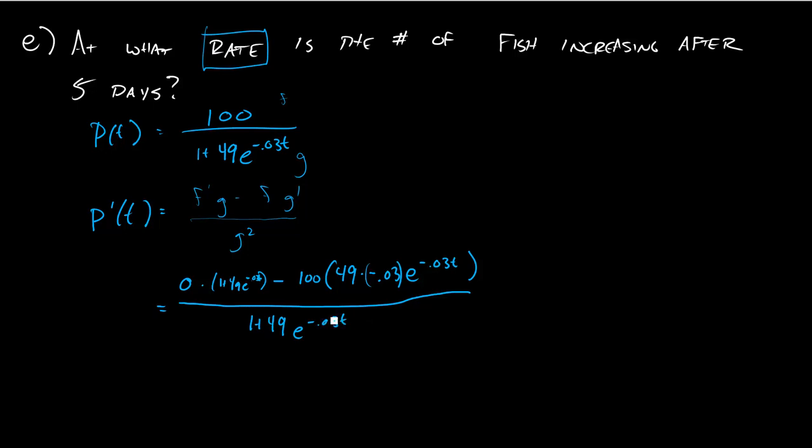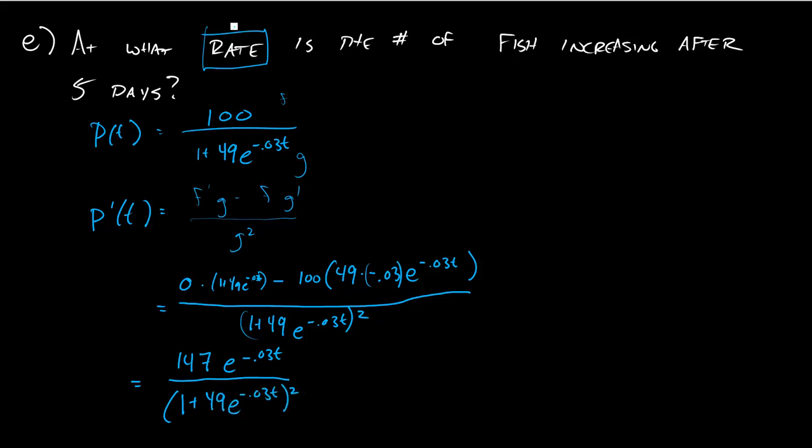If you want to simplify this a little bit, there's not a ton you can do, but you'll have 100 times 49 times 0.03, and if you did that in your calculator, you would get 147 e to the negative 0.03 t divided by g squared, so 1 plus 49 e to the negative 0.03 t squared.